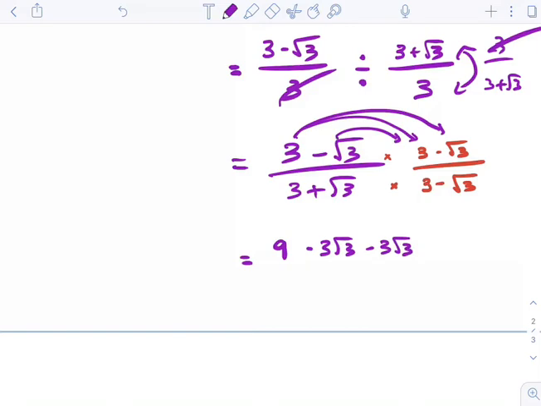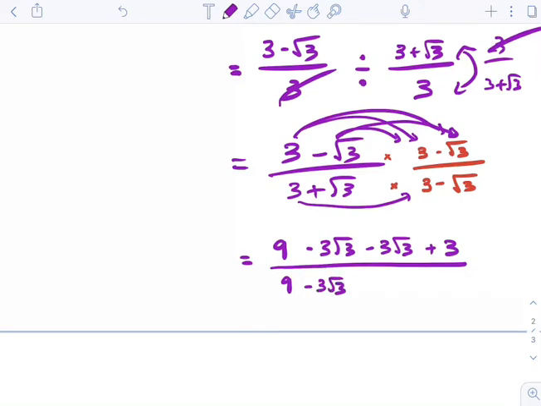And then finally, negative root 3 times negative root 3 is positive 3. All of that over, do the same thing on the bottom. 3 times 3, 9. 3 times negative root 3, negative 3 root 3.